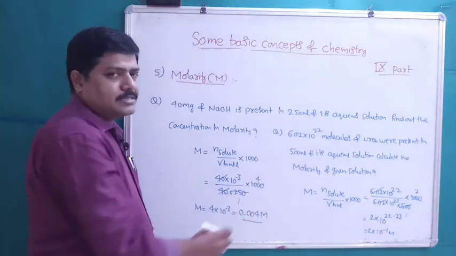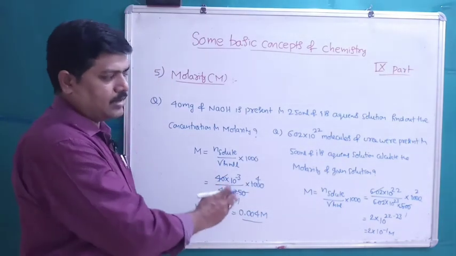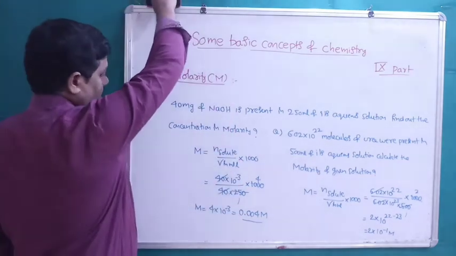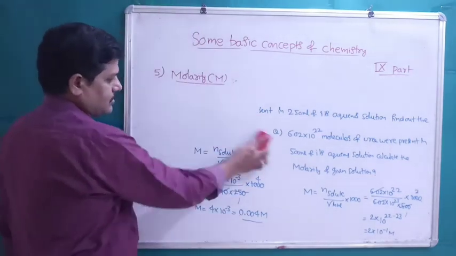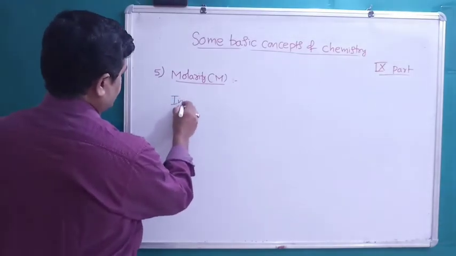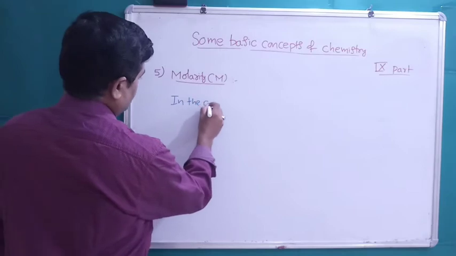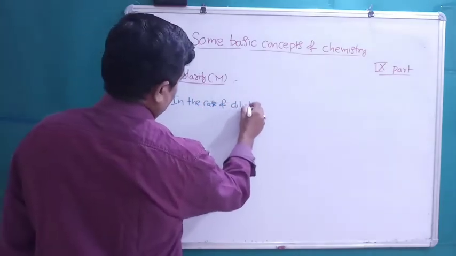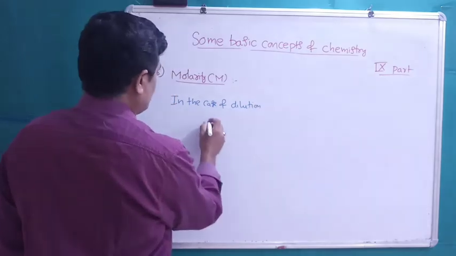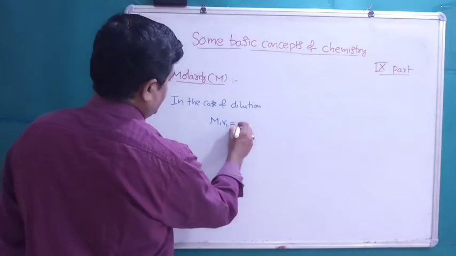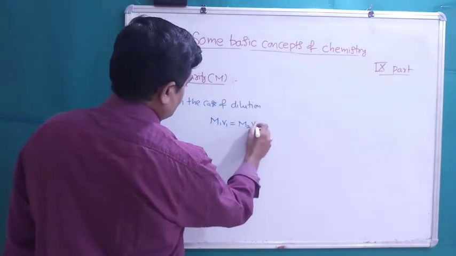So in the case of dilution, what is the formula we can use for the molarity? Students, in the case of dilution, we can use the formula M1V1 is equal to M2V2.